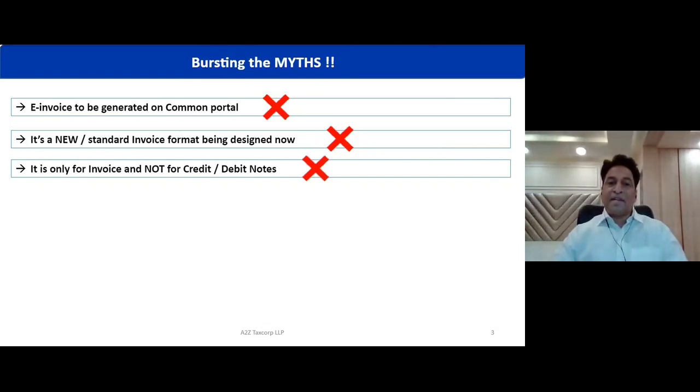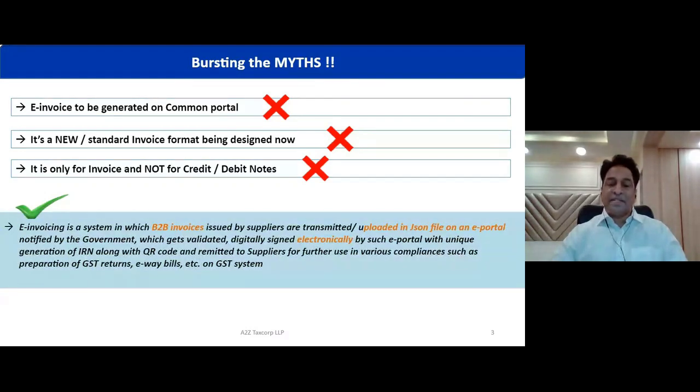So what is the fundamental which we are going to discuss today? This is the fundamental, and this is the silver lining, you can say, for e-invoicing in the GST regime. E-invoicing is what? It is B2B invoices issued by suppliers.